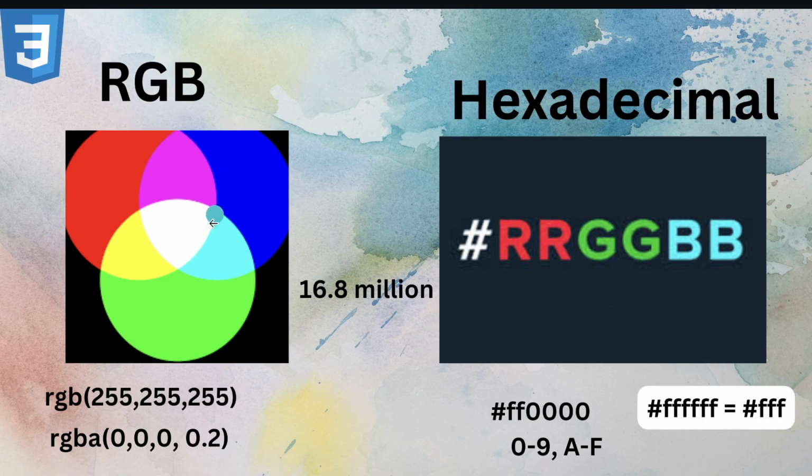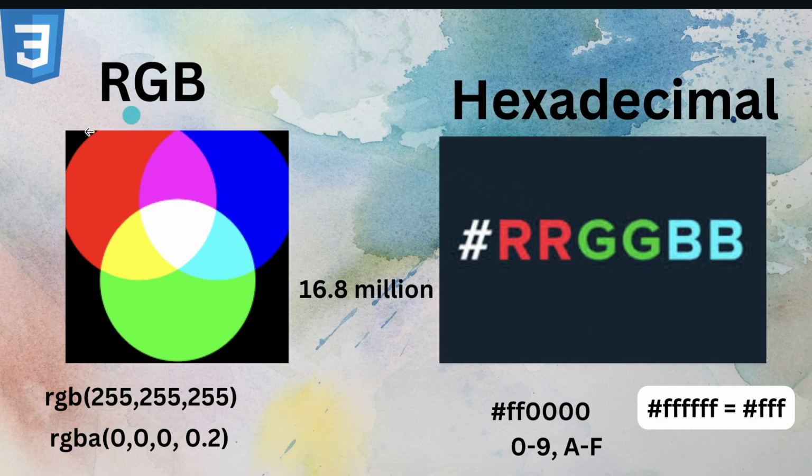You don't have to memorize any of these colors because Visual Studio Code actually gives us a tool that simply helps us to pick any color we want to use. And also in practice, we simply go to several places to copy the particular color we want to use.